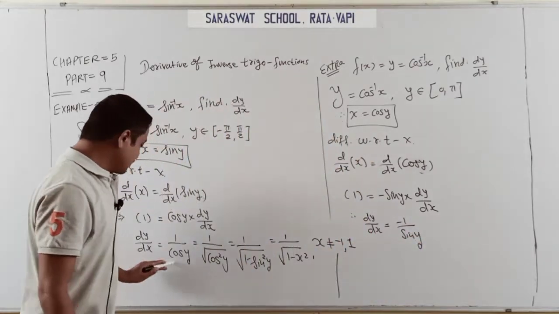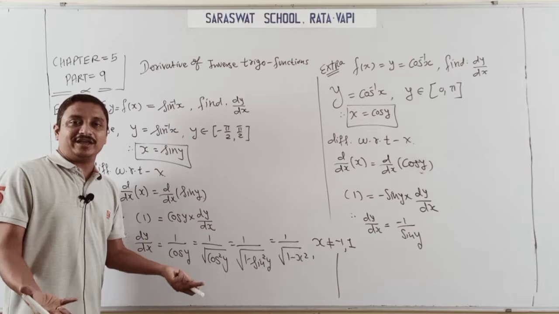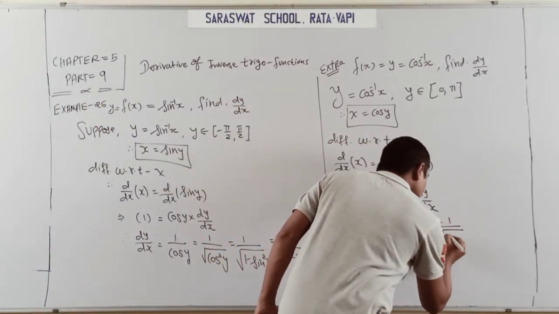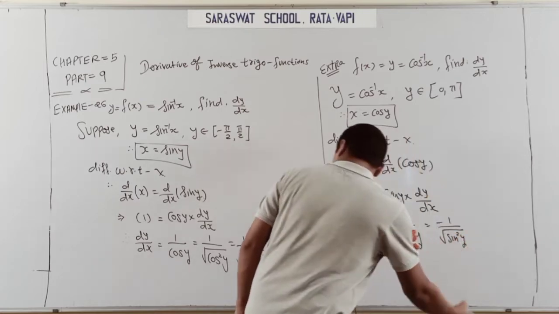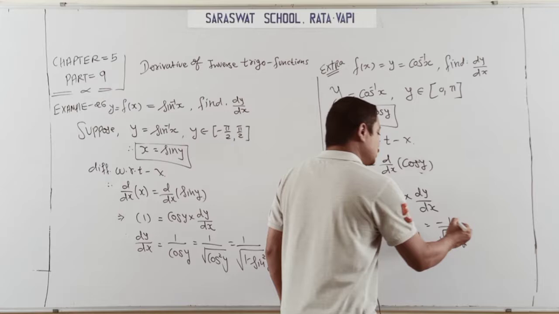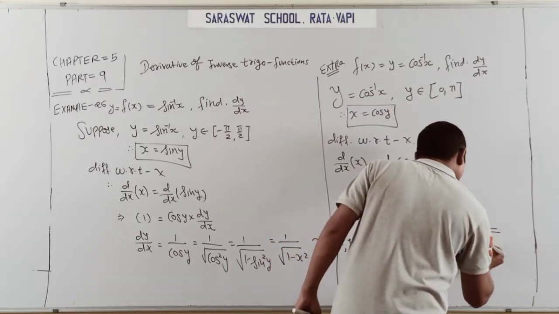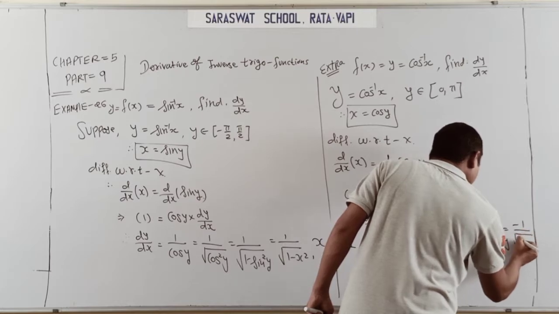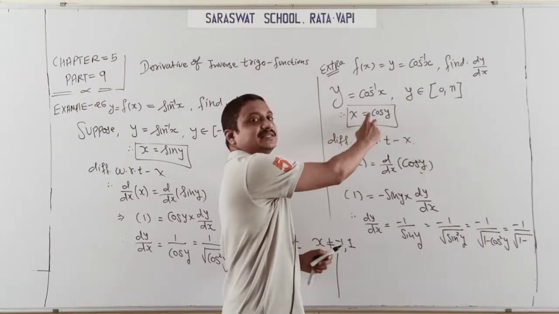Look at that. This equation and that one went totally the same. Only minus extra. Now sin y is under root sin square y, the same as written on this side. Now students, sin square y is also under root 1 minus cos square y. And what is cos y? Yes, this cos y is x.